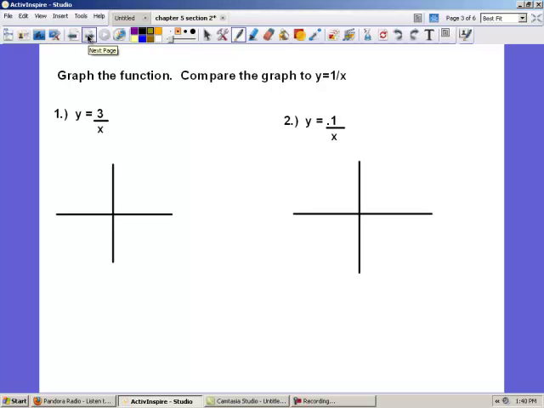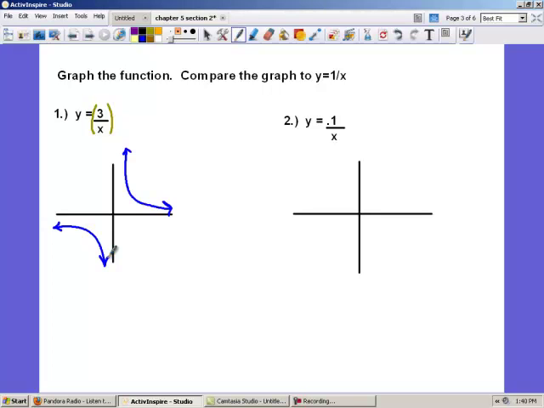All right, the first type of problems we're going to do is graph the function, and then compare it to that graph that I just showed you. So we have y equals 3 over x, and we would simply type in our y equals in the calculator, everything here with parentheses around it. When you do that, you'll get a graph that looks very similar to the one that we just drew.